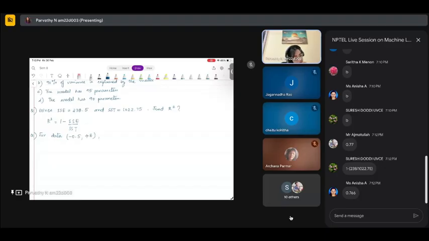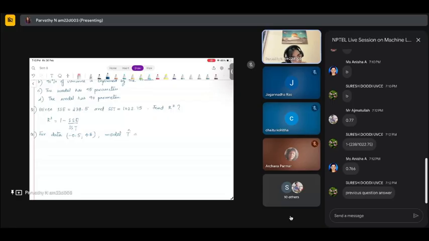So there is a data point minus 0.5 and 48. And you are given a function, model y hat is given by 99.57 plus 79.28x. So what is the prediction at x is equal to minus 0.5?